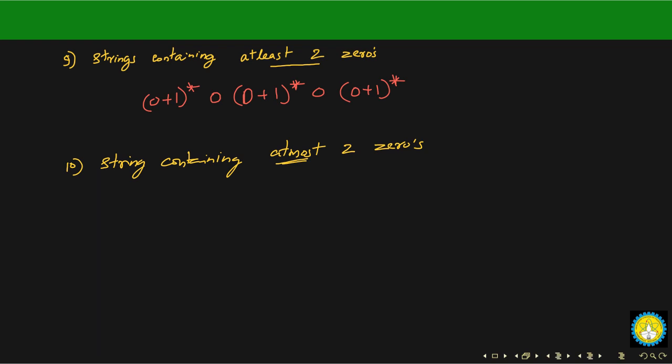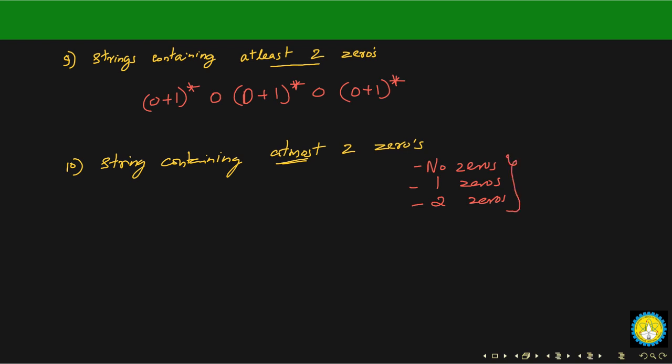So we can have 0 zeros. The possibilities here are we can have no zeros at all. Just 1 zero is possible. 2 zeros are also possible. So these are the 3 cases which we need to take care of.